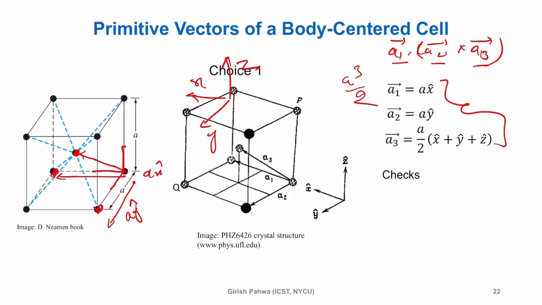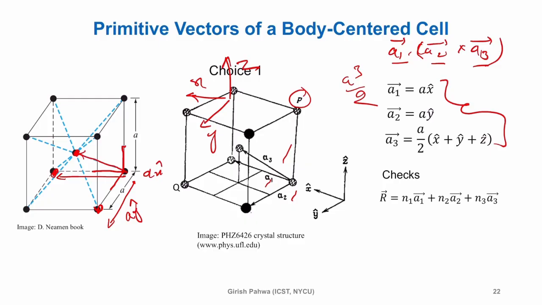Now let's do some coordinate check, whether we are able to generate the position vector of every point in the space with the help of A1, A2 and A3. Let's see that. So let me try to write this P in terms of A1, A2 and A3. Can I write the position vector of the P in terms of A1, A2 and A3?